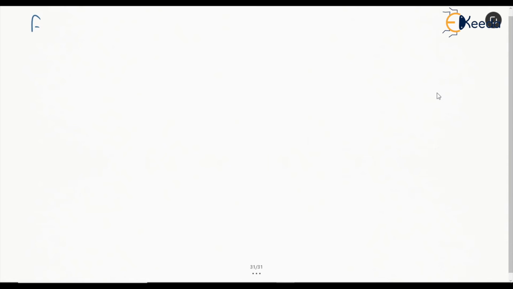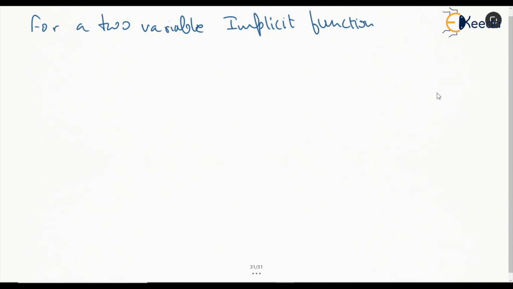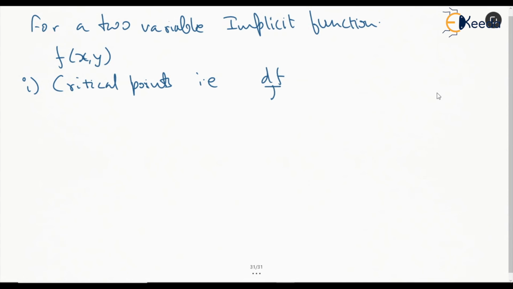So for a two variable implicit function, let's say f of x y, if we have to find the maxima or minima, what we can do is, first we can find the critical points, that is where df by dx is equal to 0 and df by dy equal to 0.